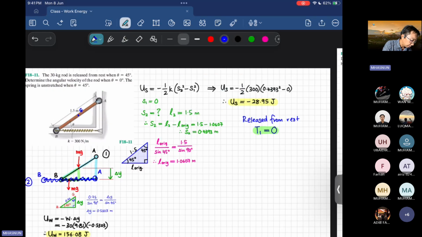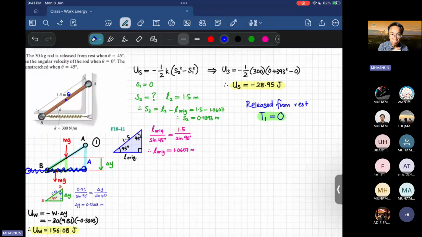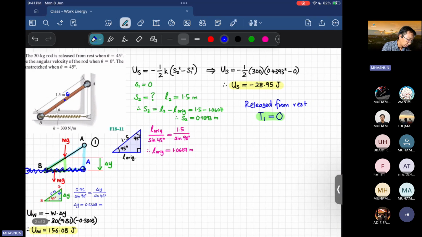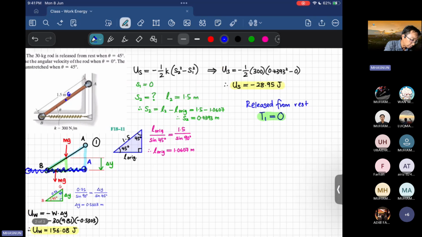And then T2, okay, T2, this is what do you call a general plane motion problem. So macam contoh dalam kelas tadi, for general plane motion, we need to find the location of IC. Okay, so now let's see where the location of IC is.